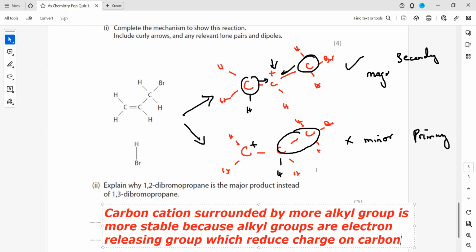As the charge reduces, it won't react quickly. If a greater charge is there, then the rate at which it reacts will be much higher.